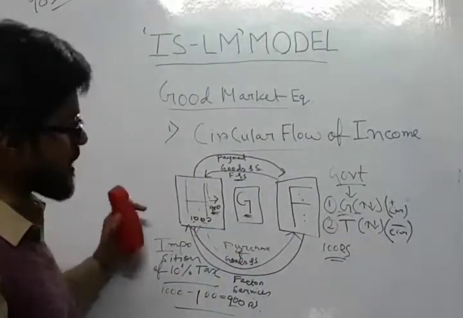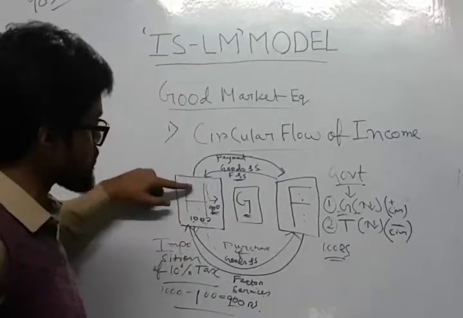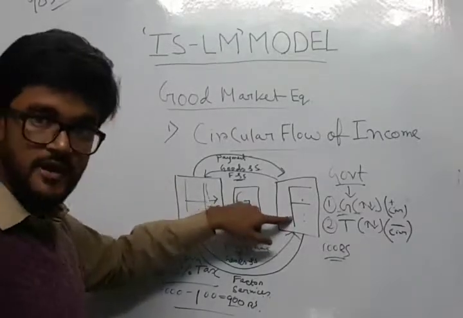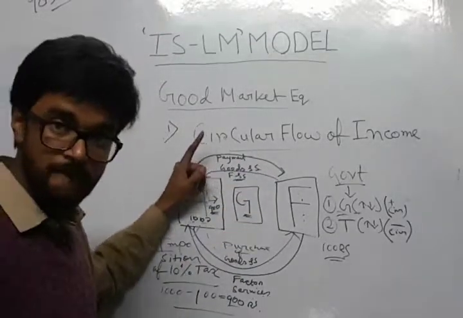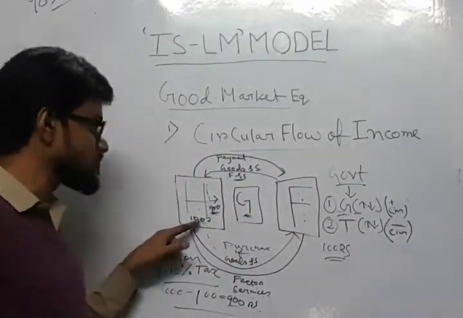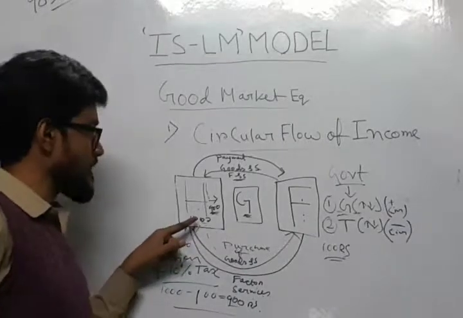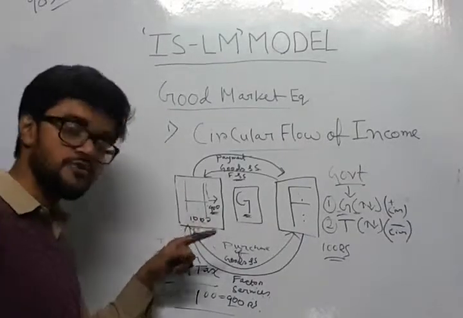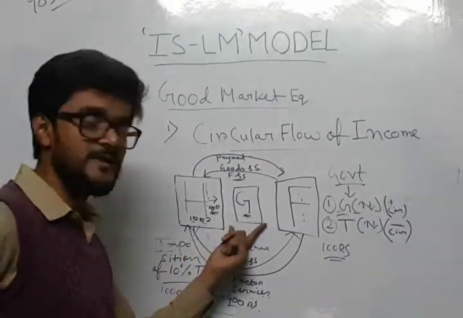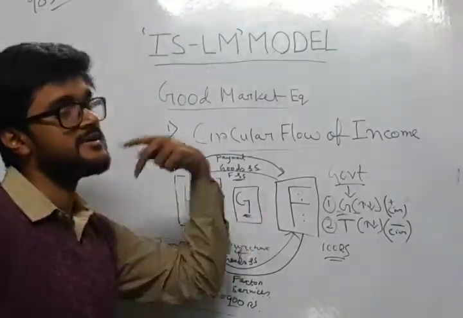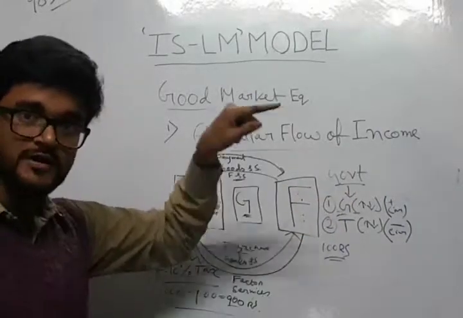So far we have talked about household and firm. There is 1000 rupees which is being circulated in a circle. This 1000 rupees has to be circulated in order to maintain the equilibrium of the economy. Say the government has imposed tax.